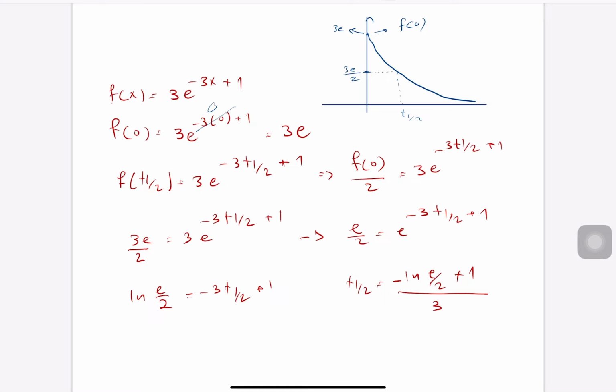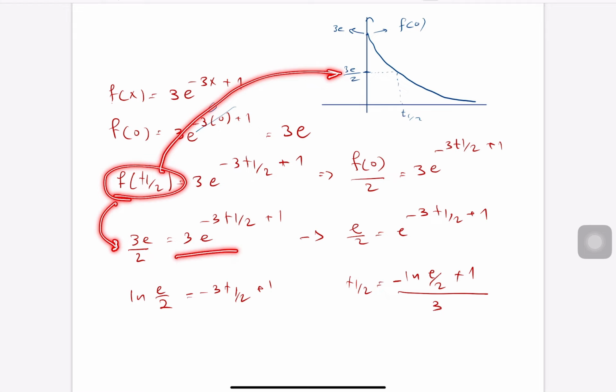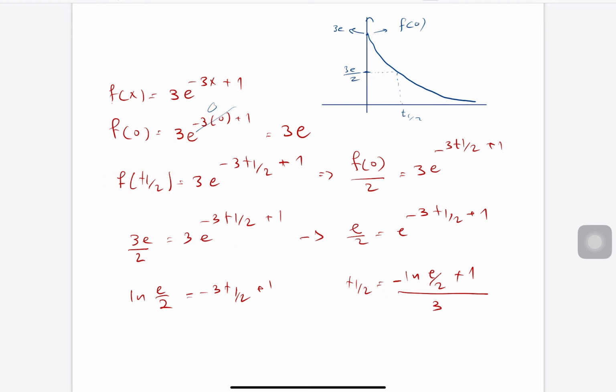And I write the formula, instead of x, I put t half-life, or t half. And as you see here, the formula changes. I know t half number will be this number. I put it here and equal to the same equation. And then I can divide both parts by 3, and the 3s cancel each other.